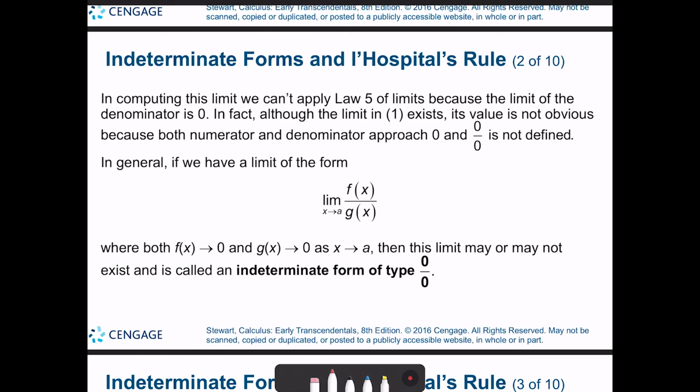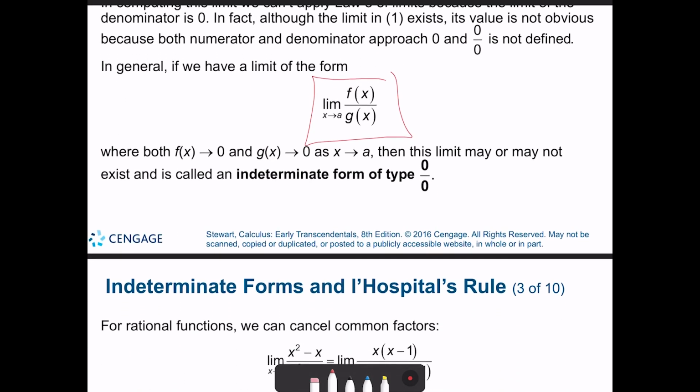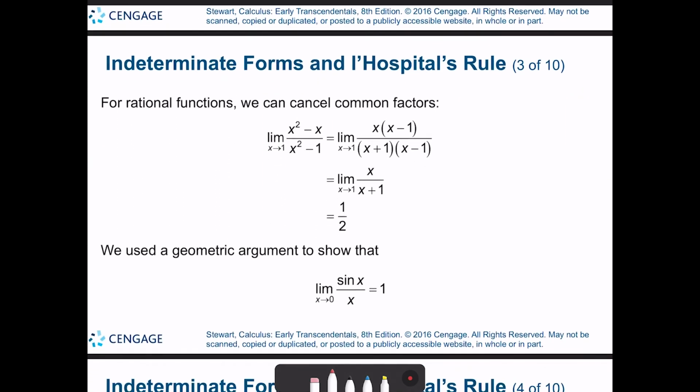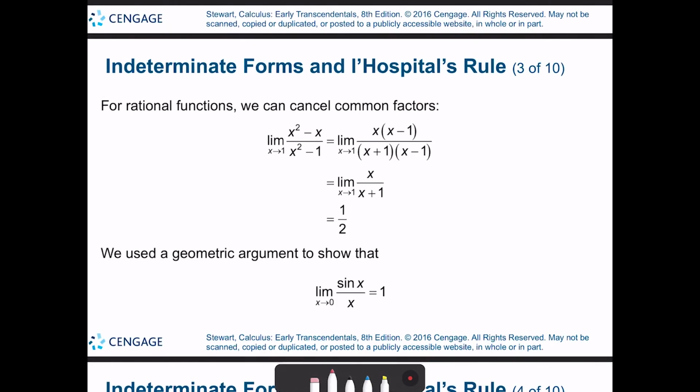And when you have a function or you're evaluating a limit of this kind of a rational form where both the numerator and the denominator are tending towards 0, we refer to that as an indeterminate form of type 0 over 0. So that's what we're talking about, but what are we going to do about it?